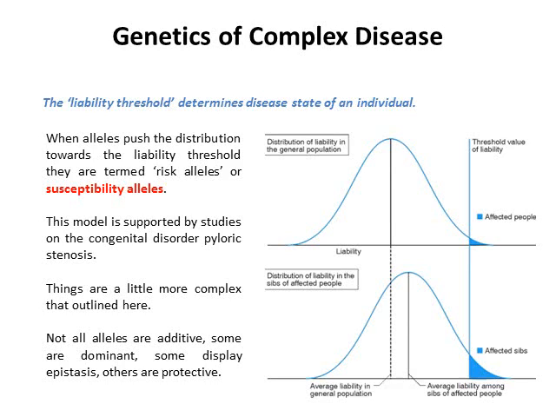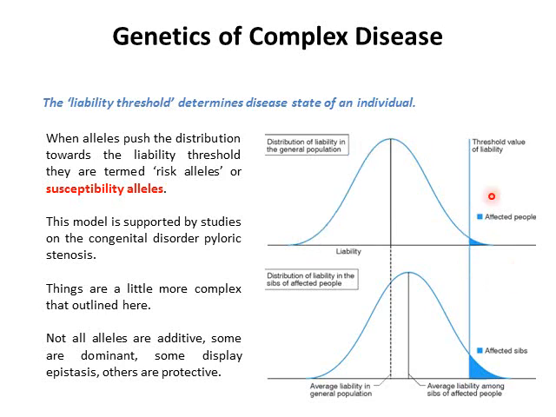What the liability threshold states is that when alleles push the distribution of a curve towards the liability threshold, they are termed risk alleles or susceptibility alleles. And when you go past this liability threshold, that's when you actually manifest a disease. If we think of something like heart disease, this is a normal distribution curve for heart disease, which represents all the alleles and the likelihood of them contributing to this disorder, and also the likelihood of actually having heart disease in the population.